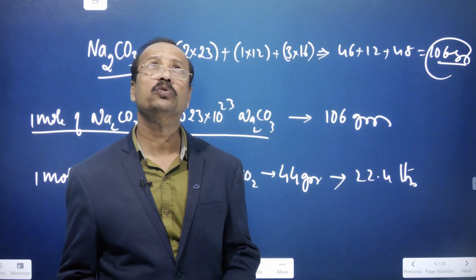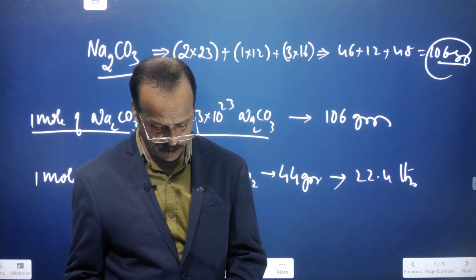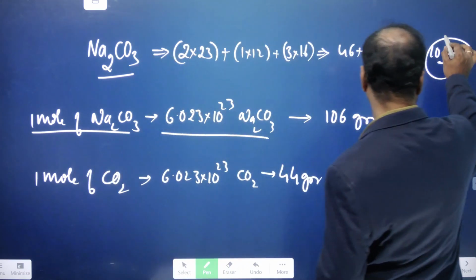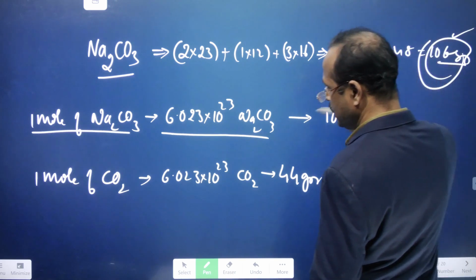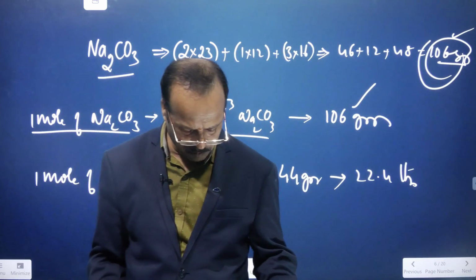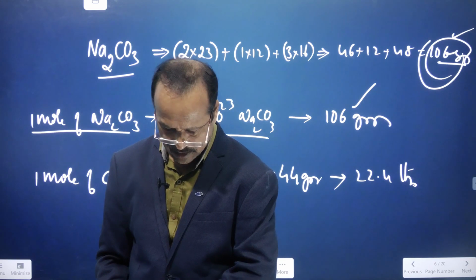And 106 means sodium carbonate. Otherwise, you make that question the gram formula mass of sodium carbonate, Na2CO3, and you'll get 106 as the right answer. Correct?